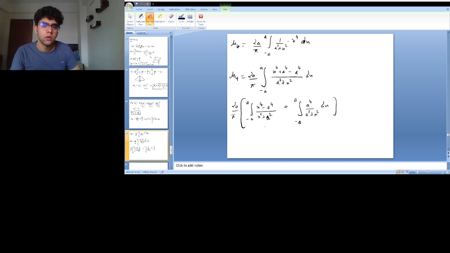Now this x to the power 4 minus a to the power 4, I can just apply my identity of a square minus b square. A square minus b square is equal to a minus b into a plus b. So I can just apply this identity here.